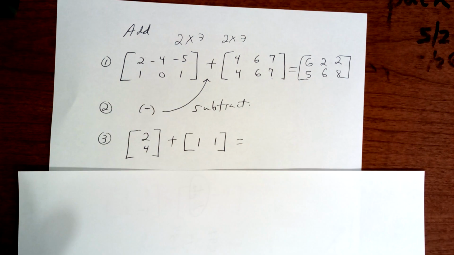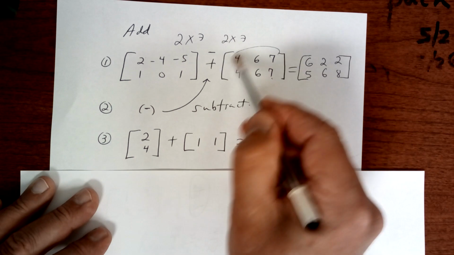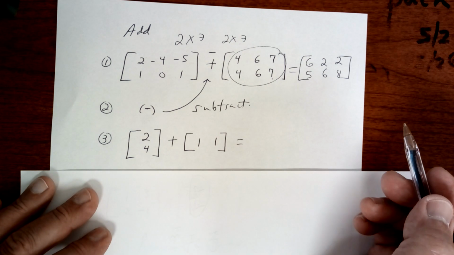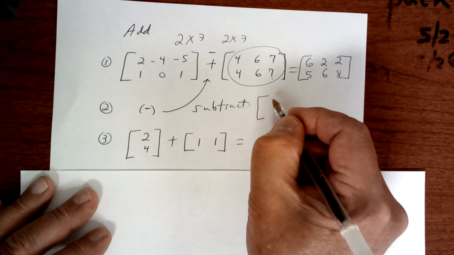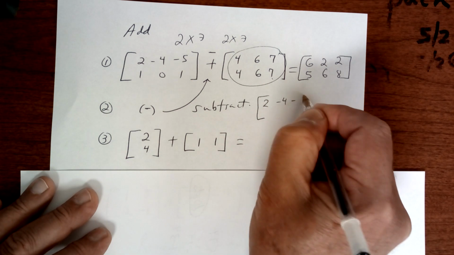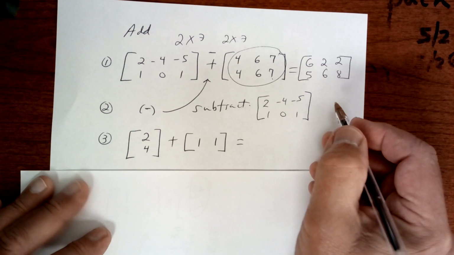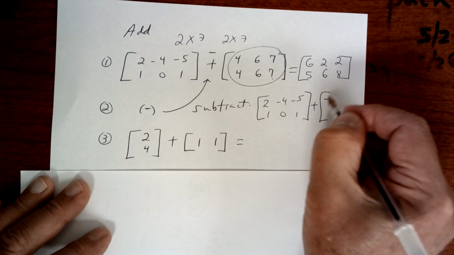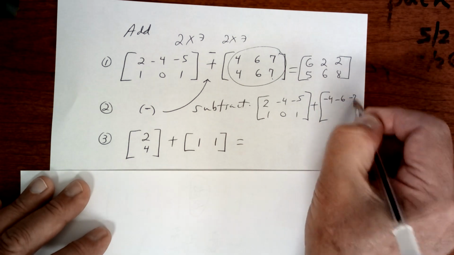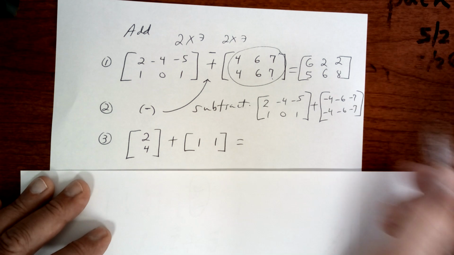Now, when you subtract, you have to change these signs and then add them up. So in other words, the front one stays the same, but the back one is going to change. So we're going to add the opposite of all of these. And whatever you get, your answer.